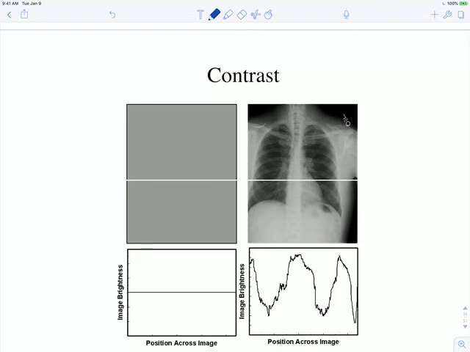If there's no contrast in an image, like the image here, it basically carries no information. So we want to have some contrast. For example, this is an X-ray image of someone's chest, and you're looking across this line here, seeing how the image brightness varies as you go across that line.